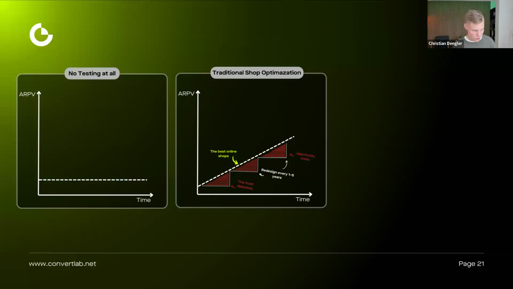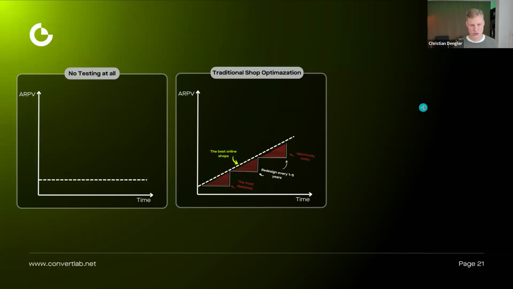If we think back to 2015, 2016, shops looked way worse, or they would look ancient by now if we look at them today in 2025, because shops just develop over time. At least the good shops develop over time, and so with no testing at all, the best thing you get is that you stay the same, but you'd rather even lose in performance.